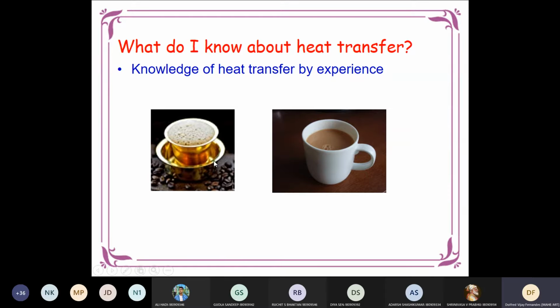What is the reason for that? You pour it in that bigger bowl and then drink because it becomes colder faster. I was expecting this one. That is one way you can think.